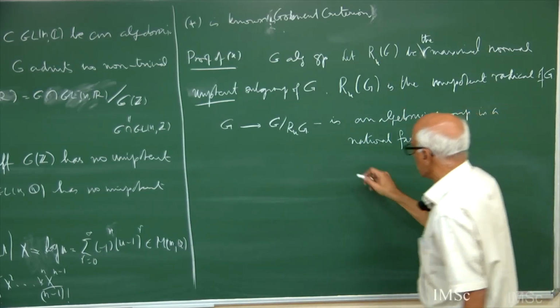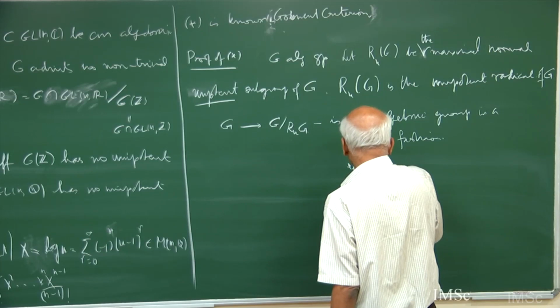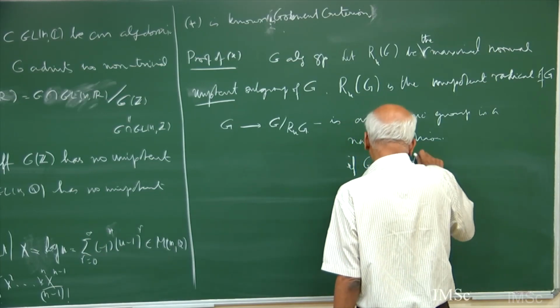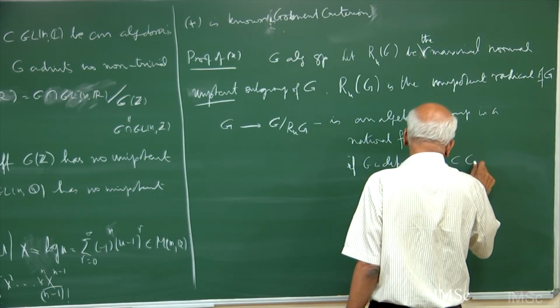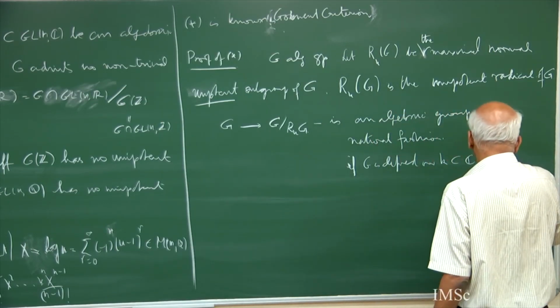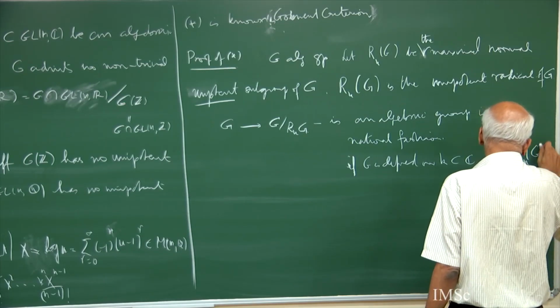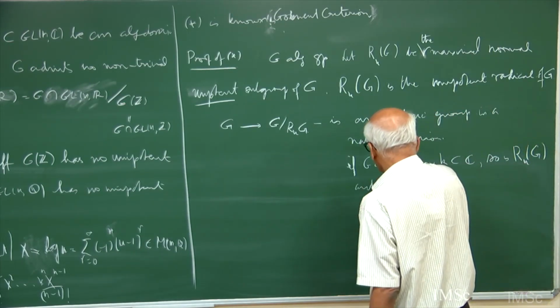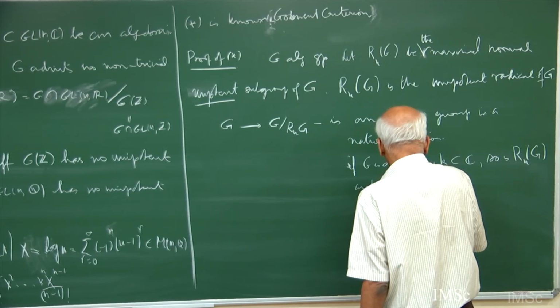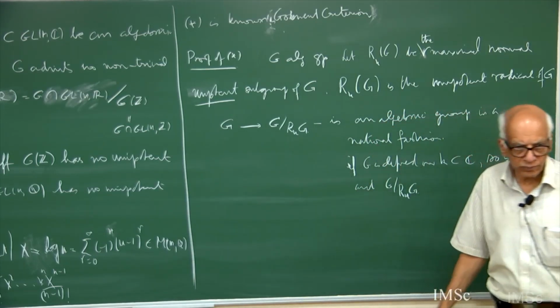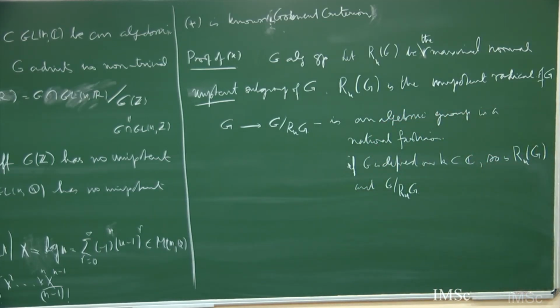And if G is defined over Q, or over any field K in C, so are RUG and G modulo RUG. These are standard theorems from algebraic groups. I don't think I'll go into the proofs. You can find proofs in Borel's book on linear algebraic groups or Springer's linear algebraic groups.